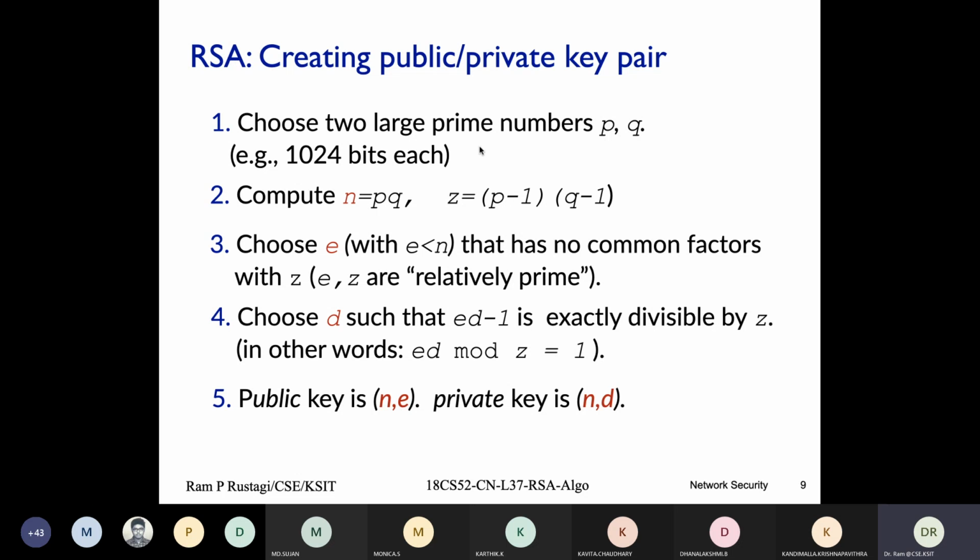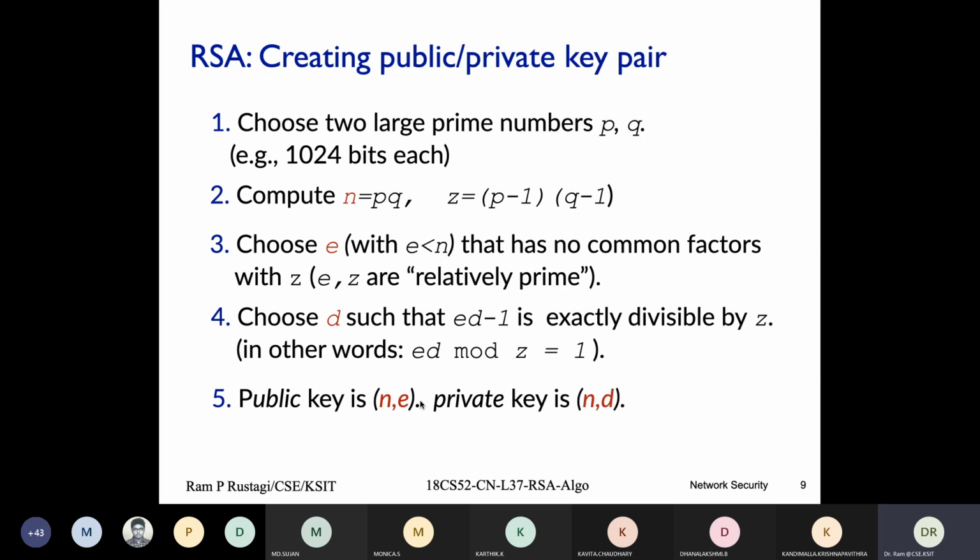E comma n is a public key and D comma n is a private key, or we can say D comma n is a public key and E comma n is a private key. And having done that, we have public and private keys.